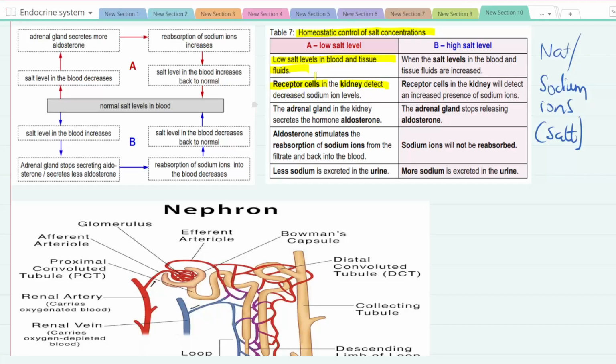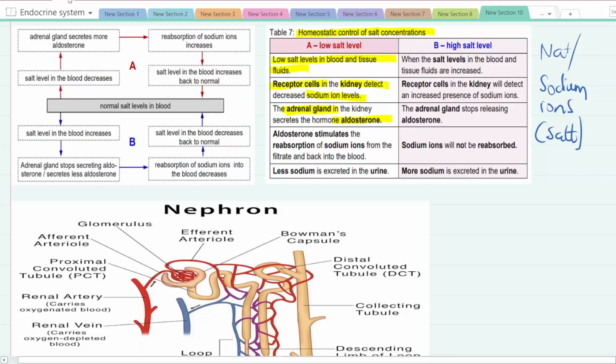You don't have to know the name of the receptor cells, just know that the receptor cells in the kidneys will detect the decrease in the sodium ion levels, and therefore the adrenal gland in the kidney is stimulated to secrete aldosterone. Aldosterone is the hormone that is controlling that.